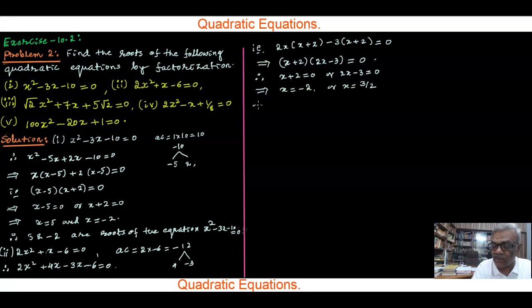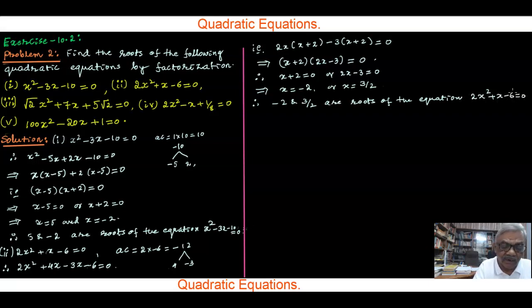And therefore minus 2 and 3 by 2 are roots of the equation 2x square plus x minus 6 is equal to 0.